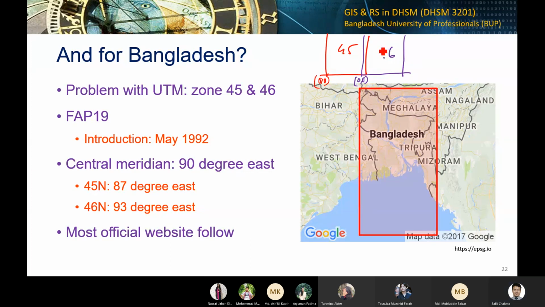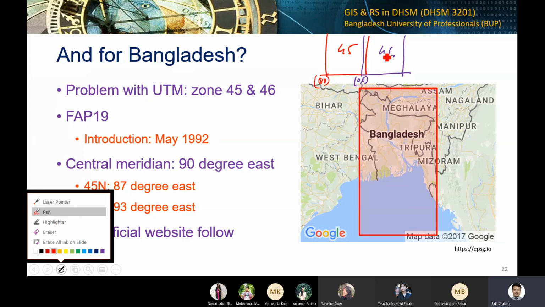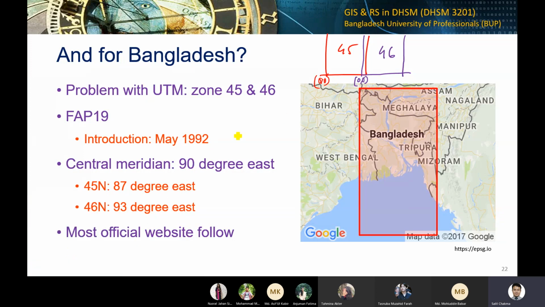Now, if you have some study area, just like Bangladesh, which is located on both zones, you can identify only one single zone in your software.